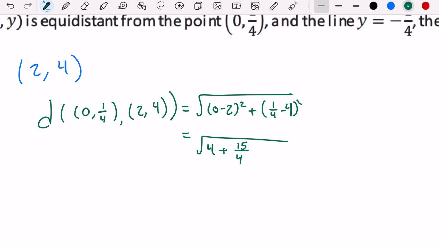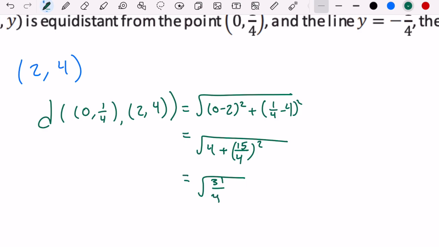15/4. Am I right? I think so, because that is 15/4 squared. And it's very easy to see that 4 plus 15/4, that is 31/4.